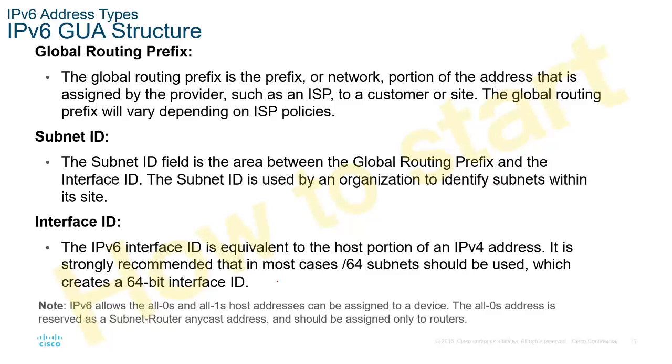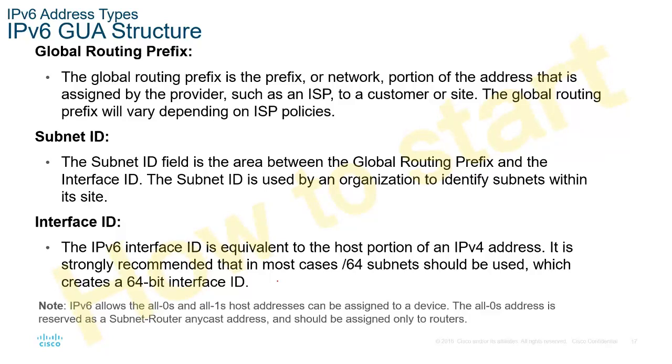Alright, the GUA structure. We have our global routed prefix. That should be our first 48 bits. We have a subnet, and the subnet field is the area between the global routed prefix and the interface ID. This is used to organize the overall addressing space and identify the appropriate subnets within that location.